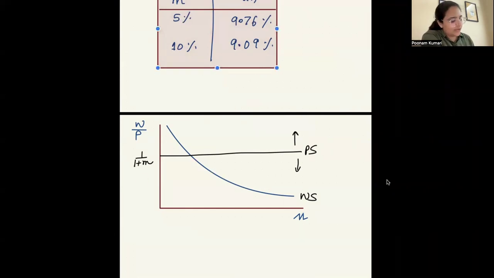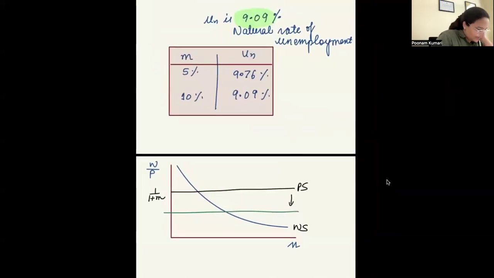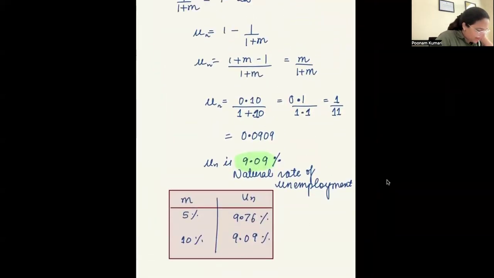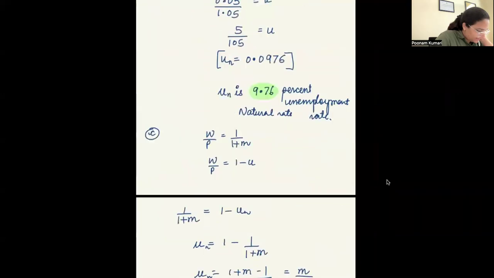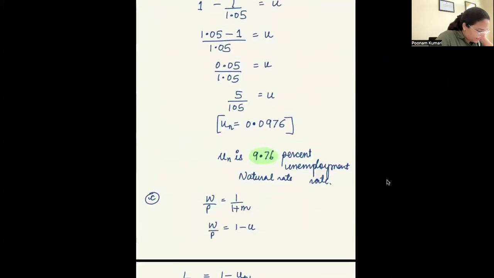Why? Because this M has gone up. So my price setting relationship will go downwards like this. So what should happen to my unemployment? It should increase, but here what is happening? It decreased. Did we make any mistake in calculating anything?